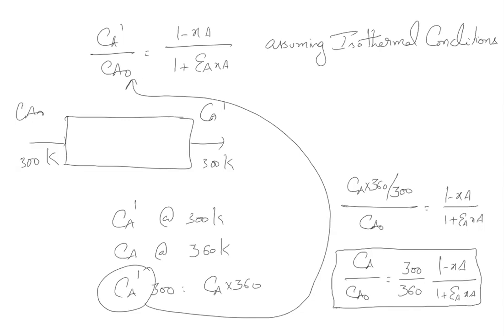What is epsilon A here? How do you calculate epsilon A? It doesn't have any inerts. It is a pure feed.